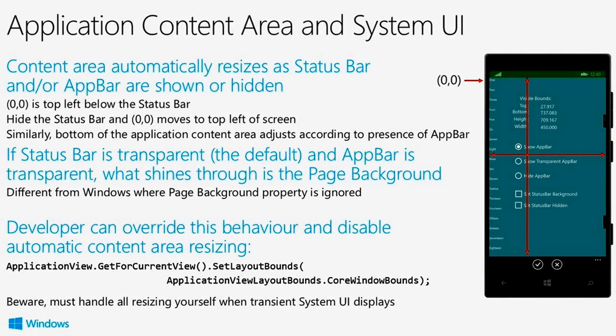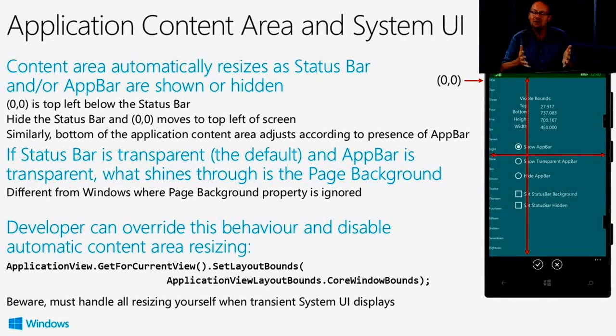Well, the good news is your display area that you are drawing to, the 0,0 view pixel position, which is the top left corner of your canvas, starts immediately under the status bar on the top left hand corner of the screen. And it extends automatically down to the top edge of your application bar.